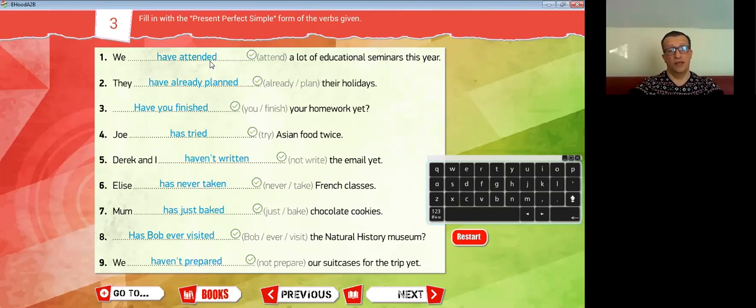And if we want to make a negative sentence, we add a not to the auxiliary verb. And if we want to make a question, we put the auxiliary verb at the beginning. Here and here, for example, they are question sentences. The auxiliary verb comes to the beginning.